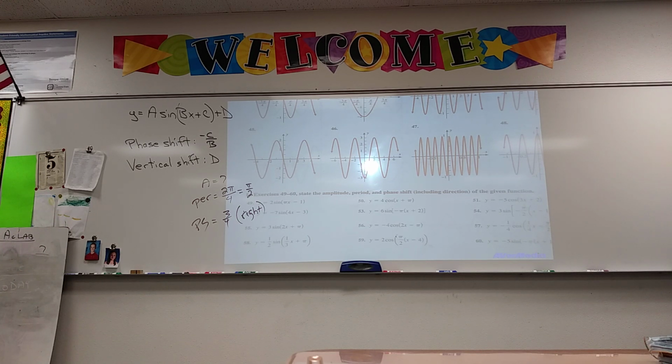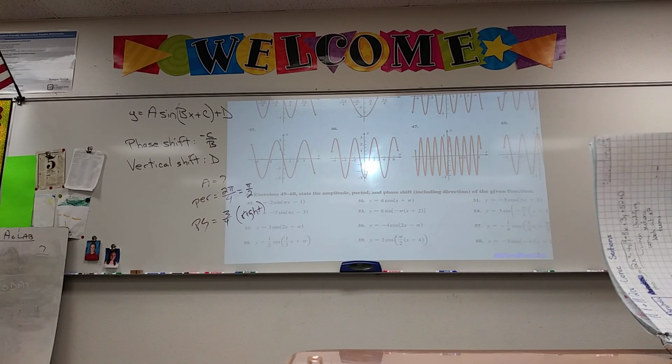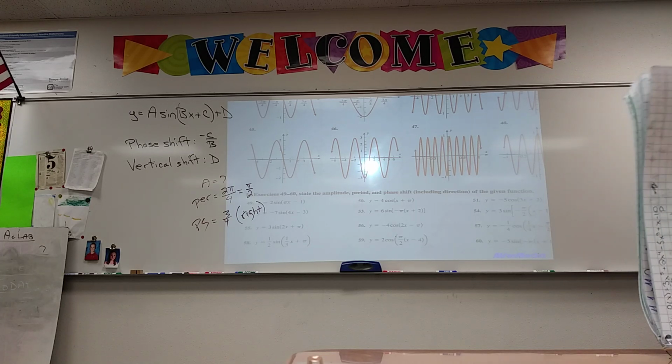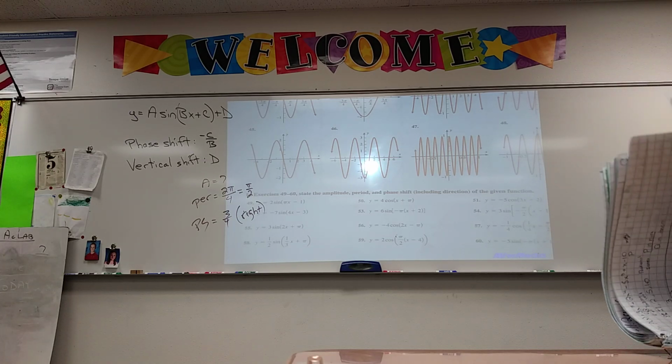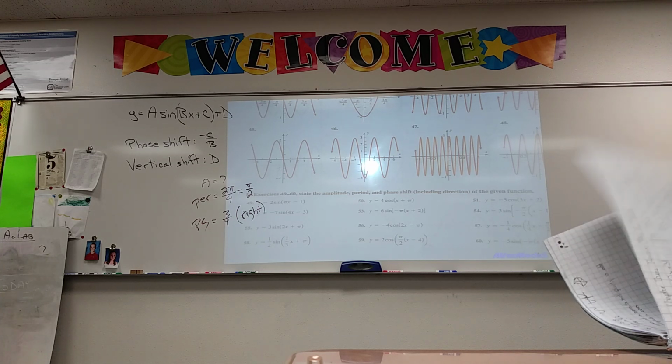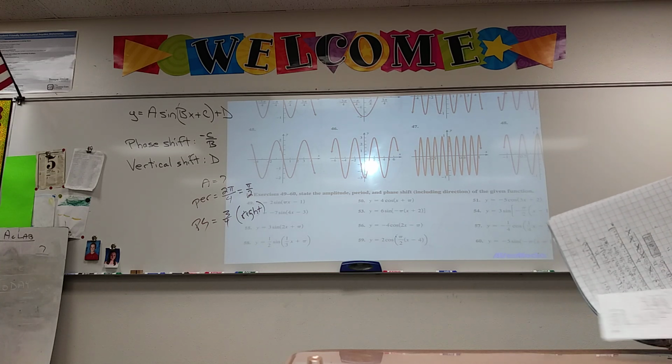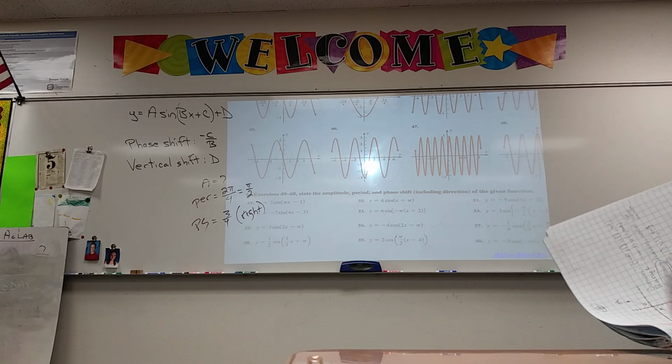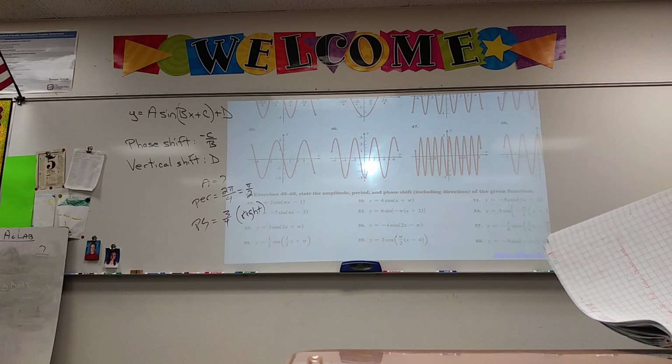The opposite of it takes into account the fact that it goes the opposite direction than you expect. So if, when you plug it into the formula, the phase shift is positive, it will go to the right. If when you plug it into the formula, the phase shift is negative, it will go to the left.